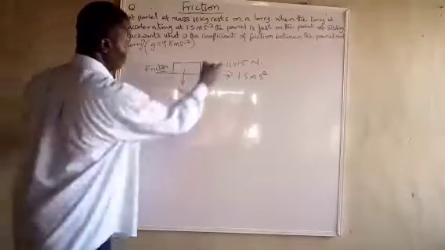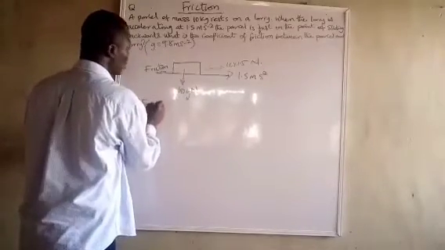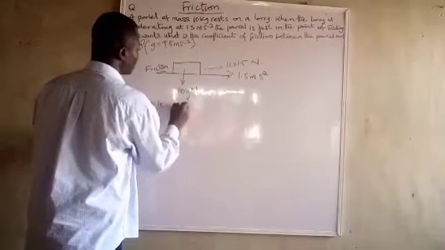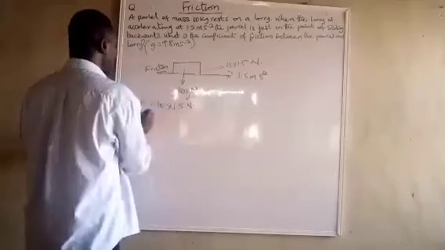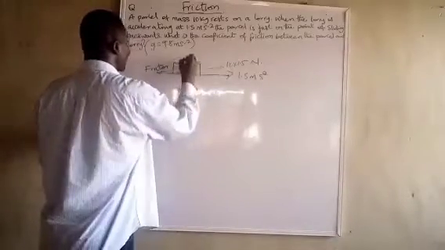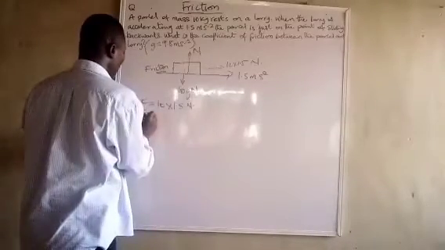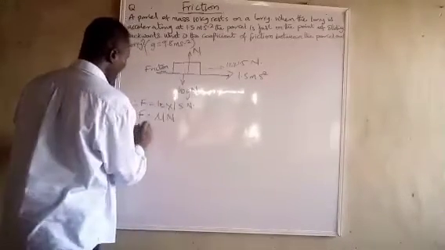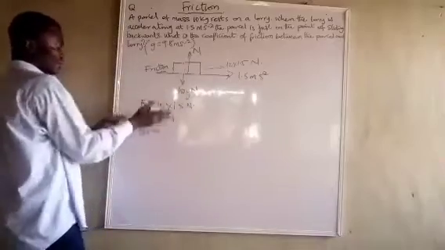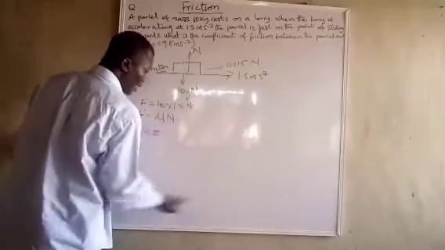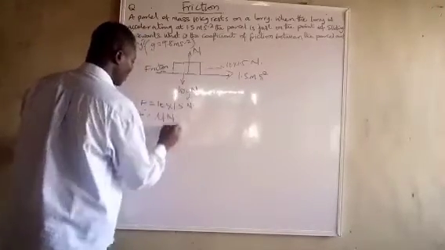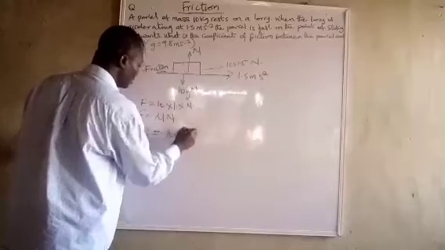Therefore, F is equal to 10 times 1.5 Newton. And at the same time, because the reaction here is N, F equals mu N. Since it's not sloping, it's still on a straight line, parallel to the horizontal, N is still 10g Newton.